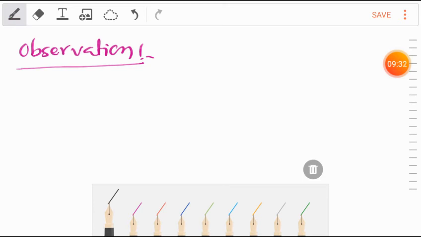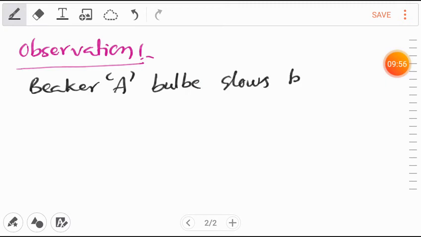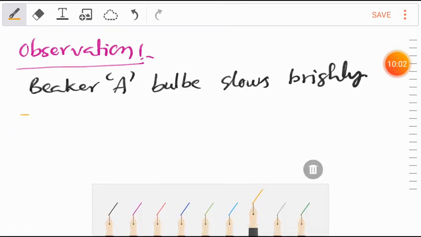In beaker A, the bulb glows brightly. What is the reason behind it?